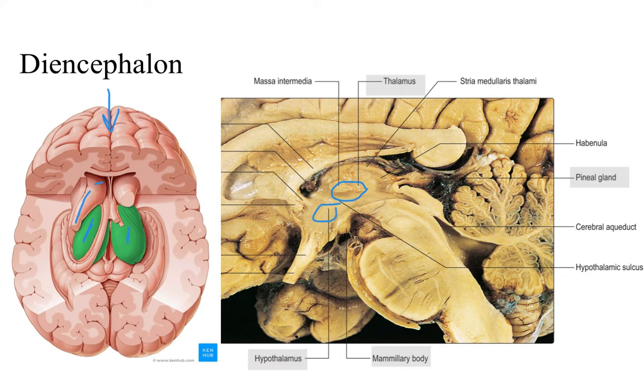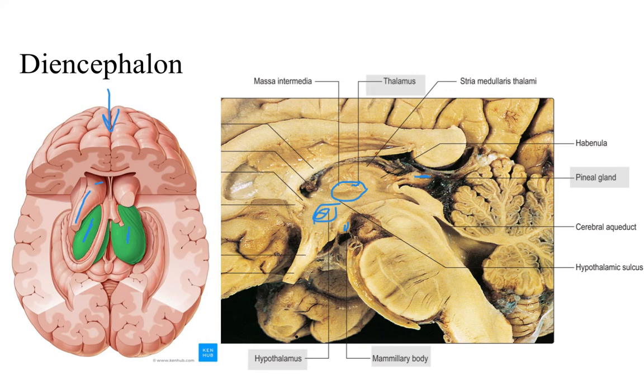Below it would be the hypothalamus, the pineal gland, and the mammillary bodies right here. And as for general functions, the thalamus kind of serves as a relay station for all incoming sensory input and determines where it goes in the cerebral cortex.